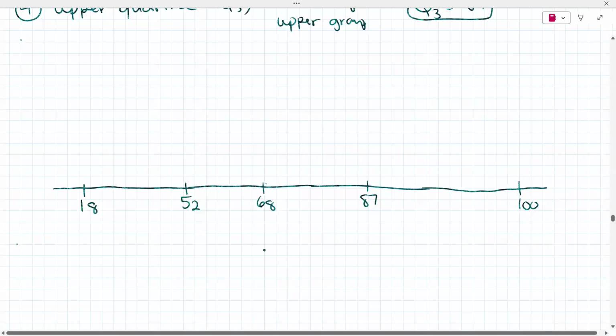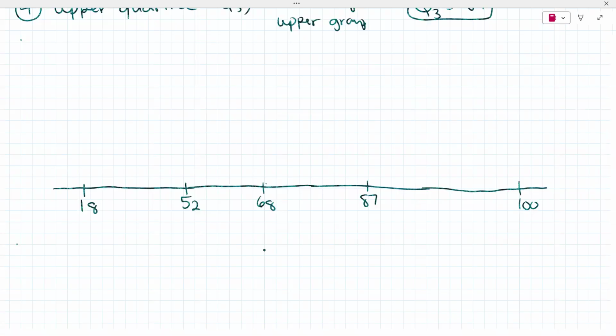Okay, so you're going to put a little dot on your minimum. So 18 is your min, 52 is your Q1, 68 is your Q2, also your median, 87 is Q3, and 100 is your max.